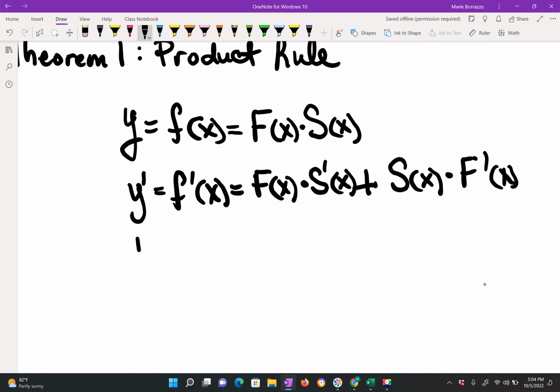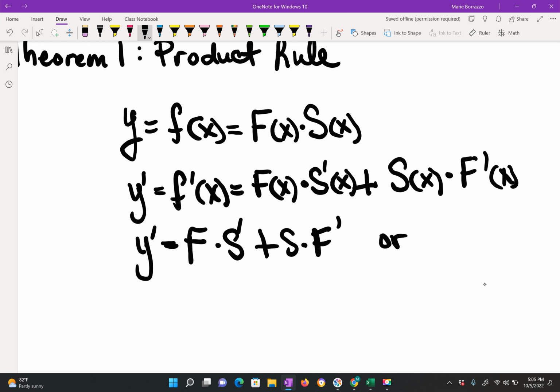The shorthand notation is y prime equals f times s prime plus s times f prime. That's the shorthand notation.